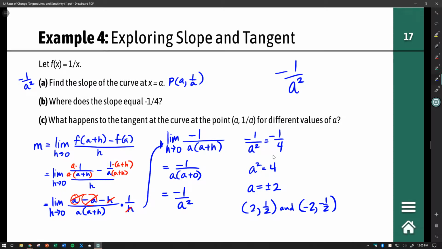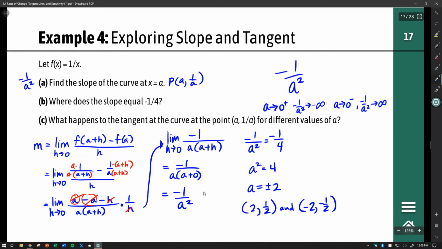As a gets closer and closer to 0 from the right, so that means a is some microscopically small but positive number, then negative 1 over a squared is going to approach, well, negative 1 divided by a positive, really small, tiny number is going to be negative infinity. And then as a goes towards 0 from the left, negative 1 over a squared is also going to go towards infinity, but this time positive.